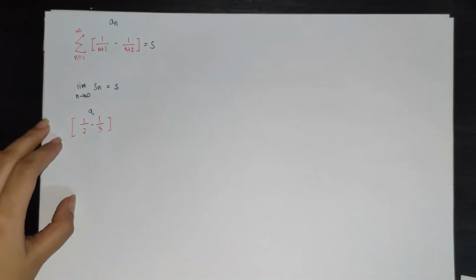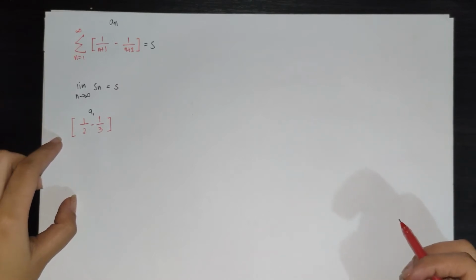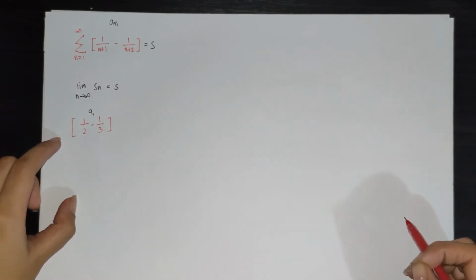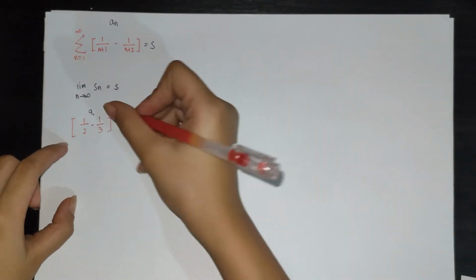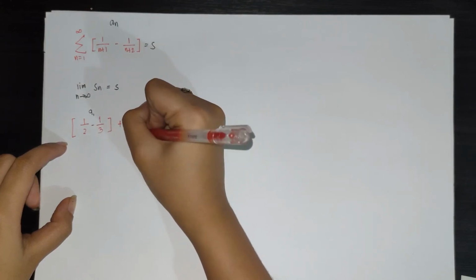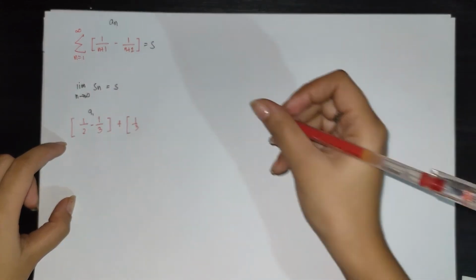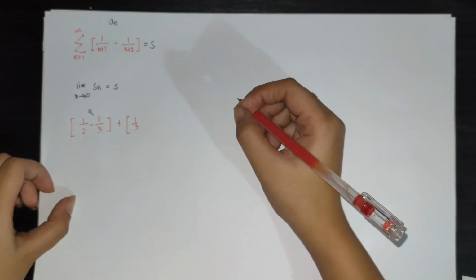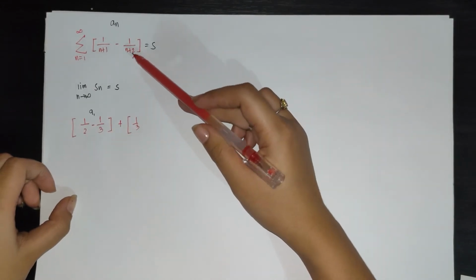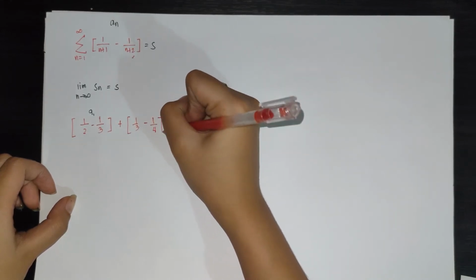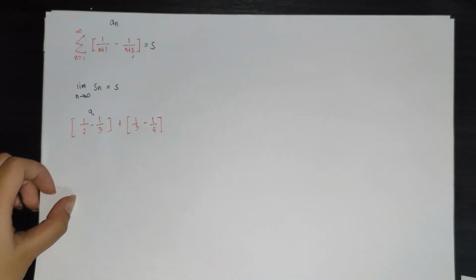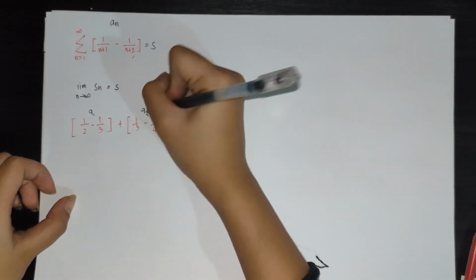Now, the second term, a sub 2, if we plug in 2 into n plus 1, that's going to be 3. And then, if we plug in 2 here, 2 plus 2 is 4. So this is a sub 2, the second term.